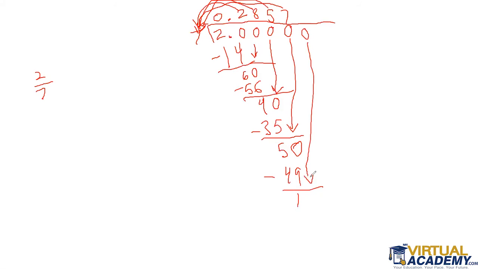Bring it down. 7 goes into 10 one time. Because 1 times 7 is 7. Subtract, we get 3. Still not getting 0. So we have to create another 0. Bring it down. 30. 7 goes into 30 4 times.